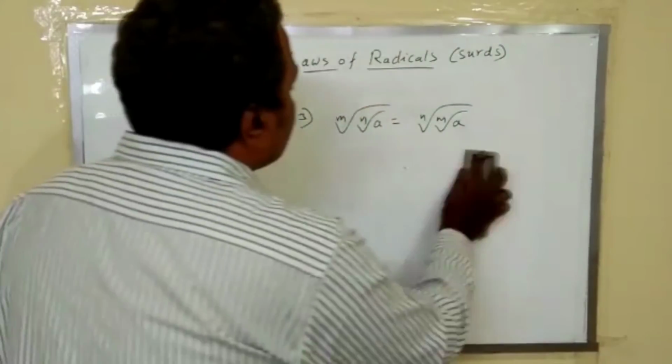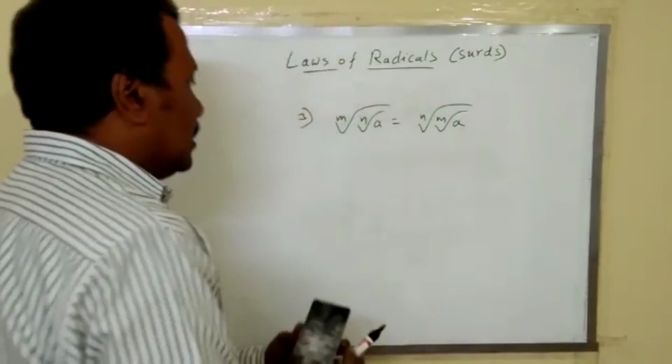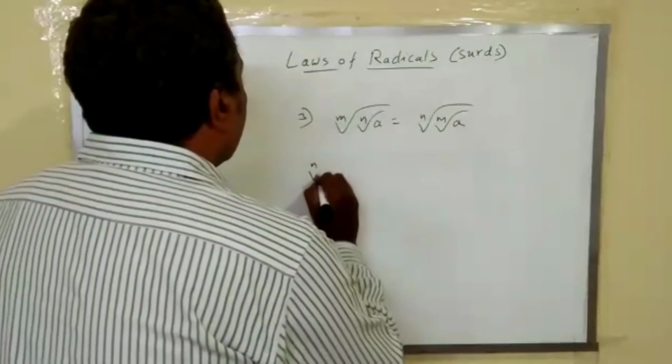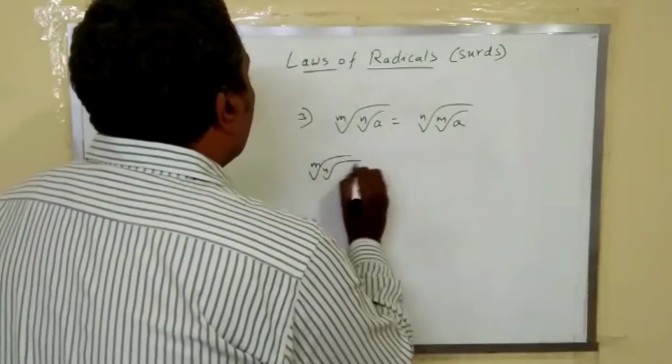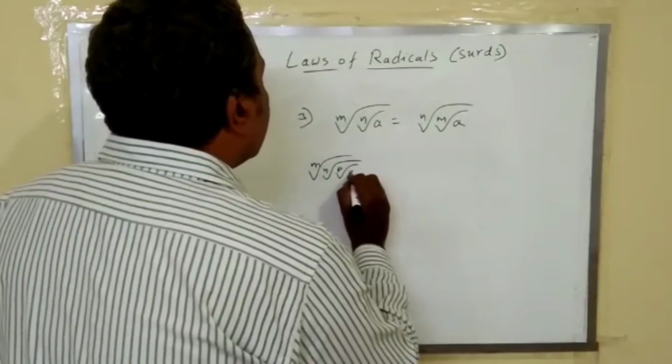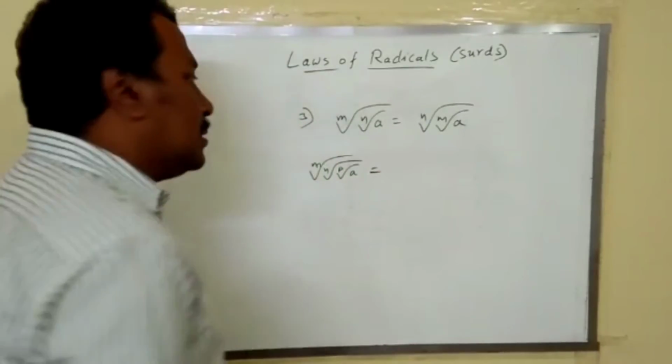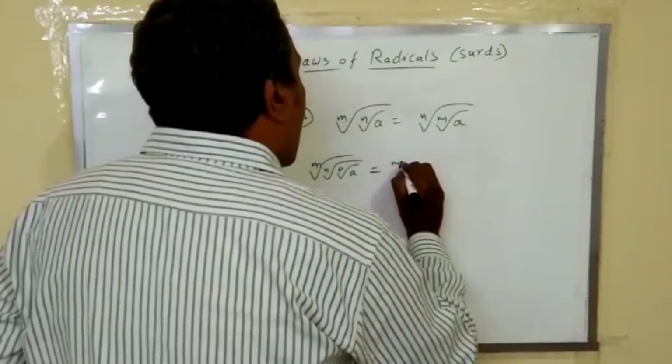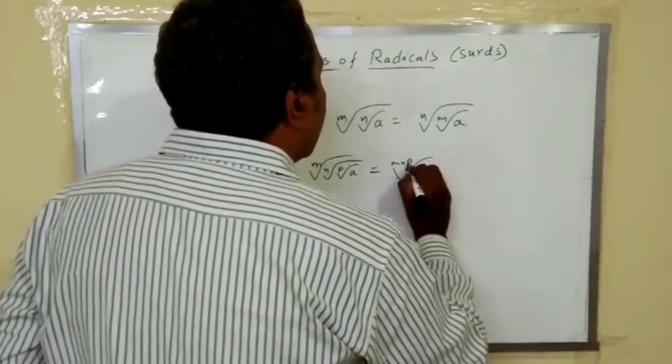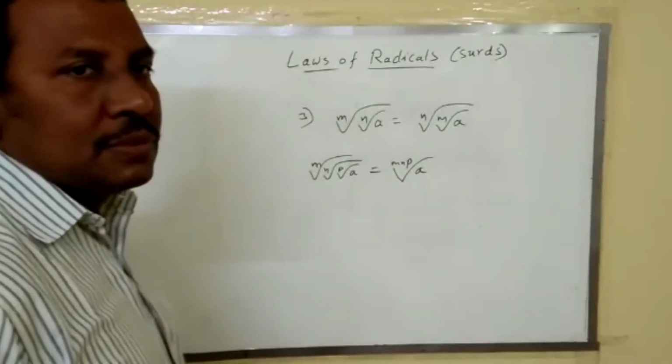Not only this, mth root, nth root, pth root of a becomes mnp root of a. Okay.